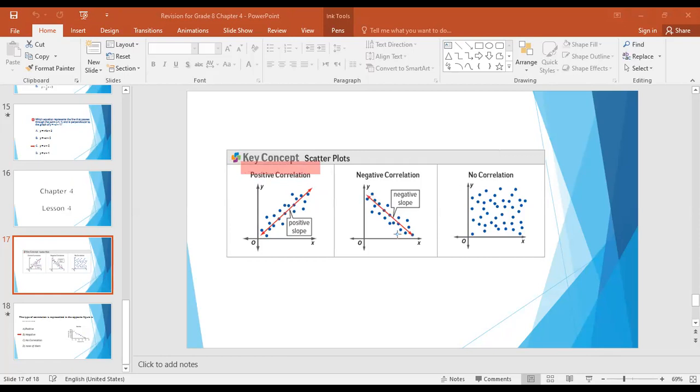If you see a negative slope, it means a negative correlation. If you see the points are scattered like this, it means there is no correlation.